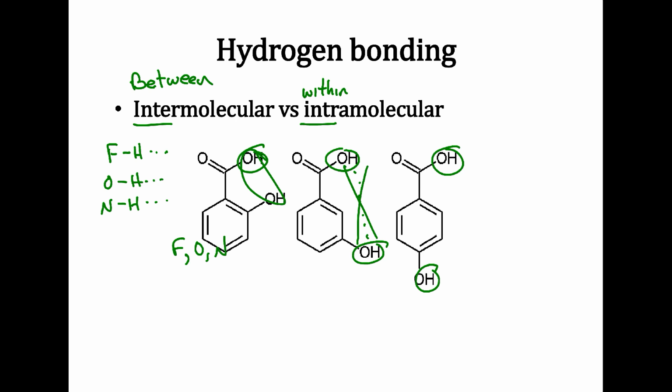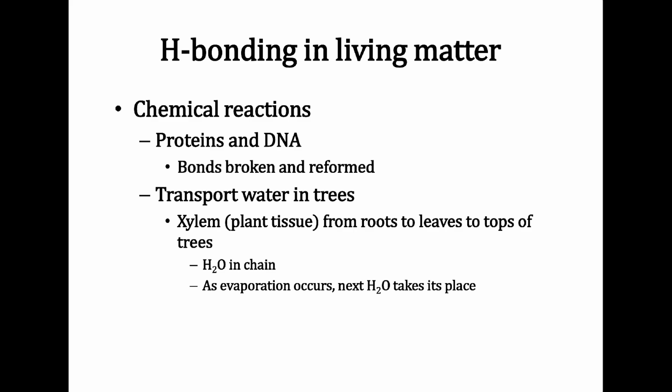So to wrap up hydrogen bonding, what we want to say is, again, hydrogen bonding is found everywhere. It's in proteins and DNA. Hydrogen bonding is special because it's a strong enough interaction that it keeps molecule structure, but it's weak enough that it can still go in and things can be done.